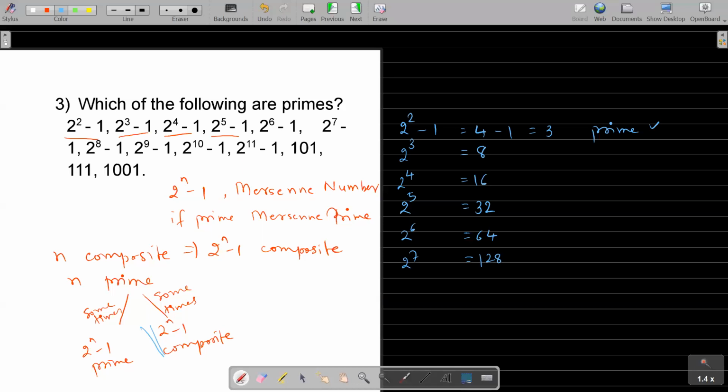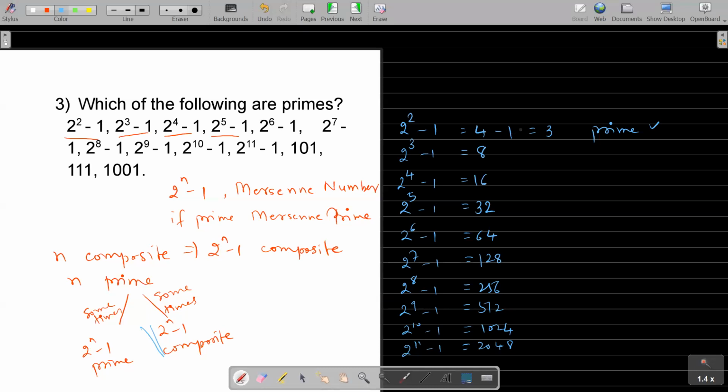Just check whether I'm doing the calculation correctly. 2 raised to 8 is 256, double of that. 2 raised to 9 is double of that, 512. 2 raised to 10 is 1024. 2 raised to 11 is 2048. Minus 1, minus 1, minus 1, minus 1, minus 1, minus 1, minus 1, minus 1, minus 1.